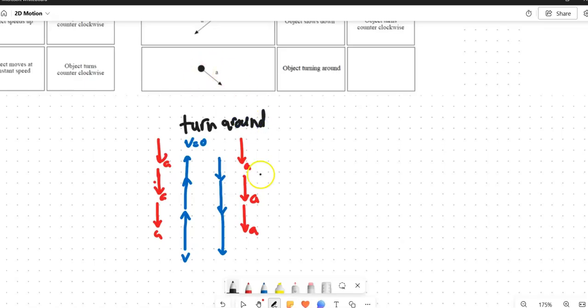Okay, so this is what happens when an object turns around. It's got a momentary velocity of 0, and I mean turning around 180 degrees. It goes from moving up to moving down. So at that instant it's got a linear velocity that's 0, but it does have a linear acceleration vector, that is when it's turning around.